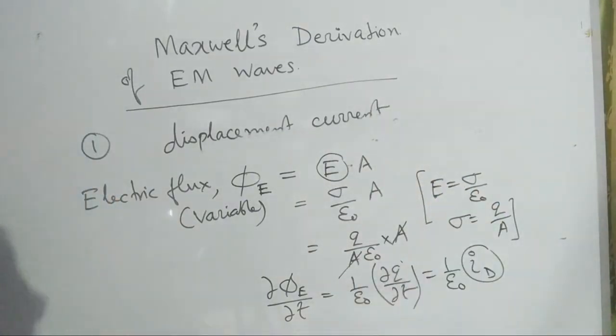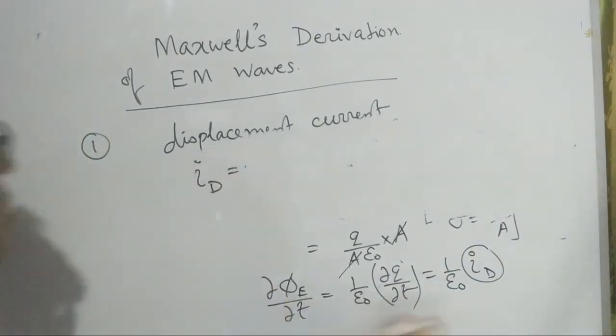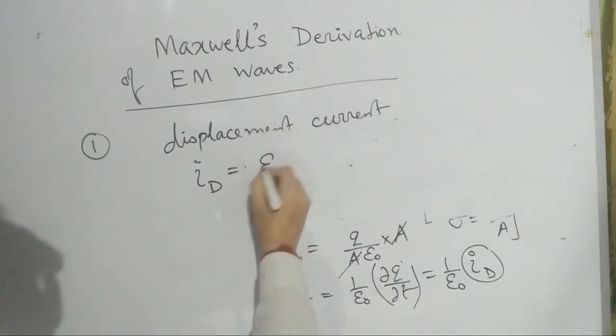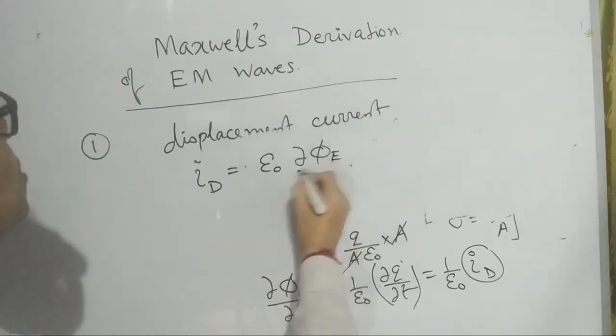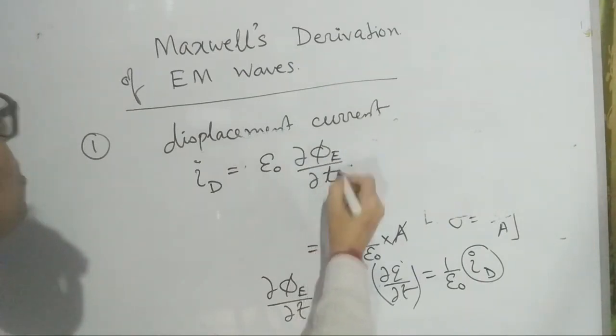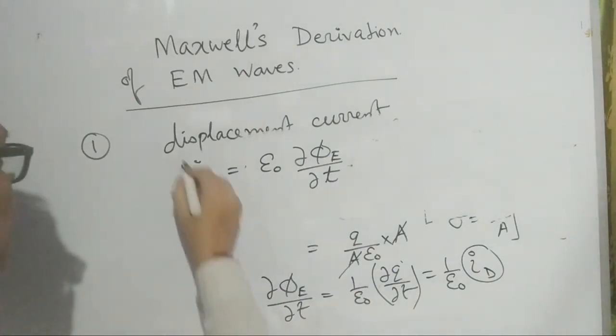So what we can write here is epsilon naught multiplied, and this is the displacement current.